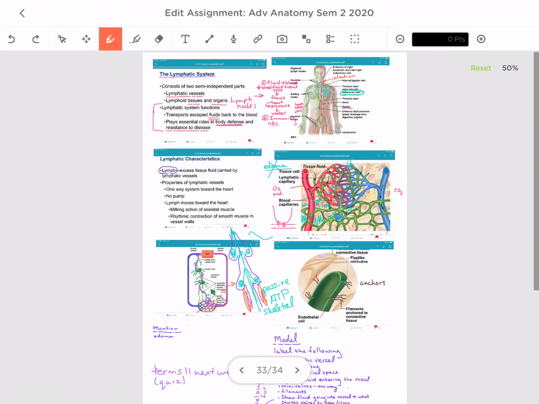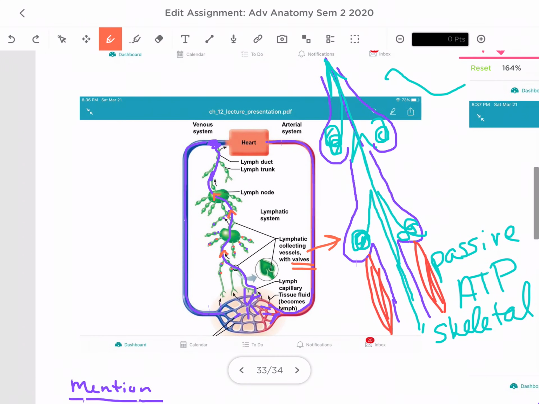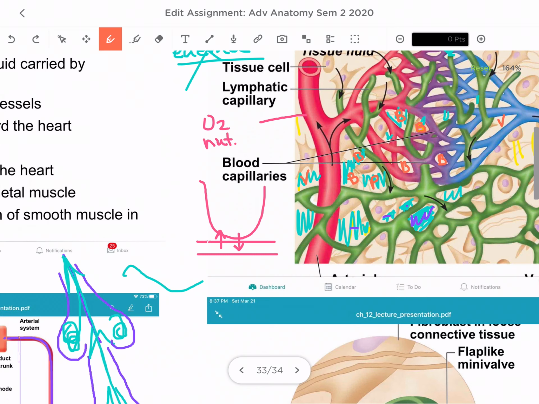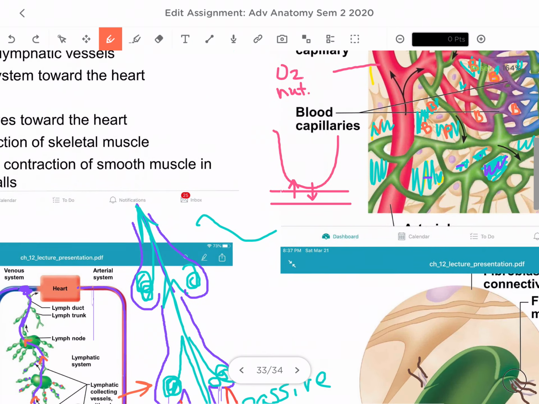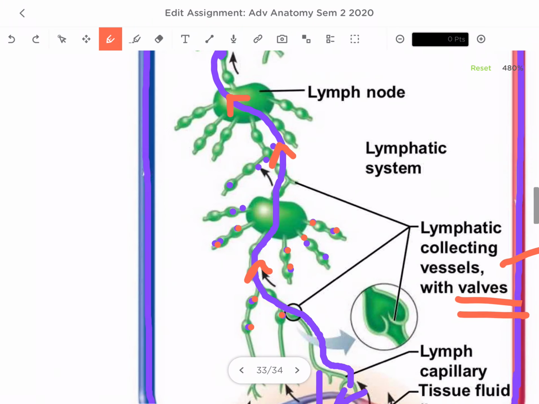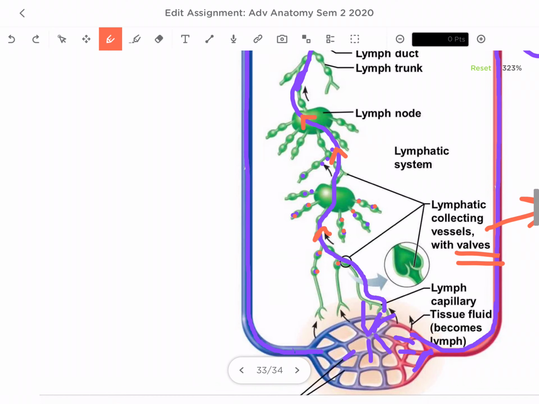What they do is, as this lymphatic fluid that was collected from all around your cells that leaked out of the blood, well, some of it is good fluid and some of it is bad bacteria. And what lymph nodes do is they pretty much quarantine the bad bacteria.